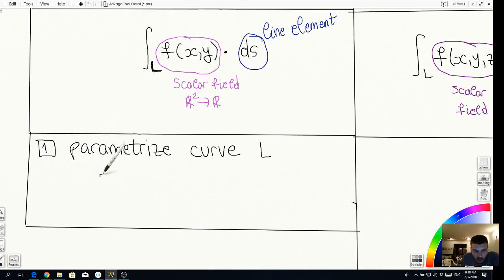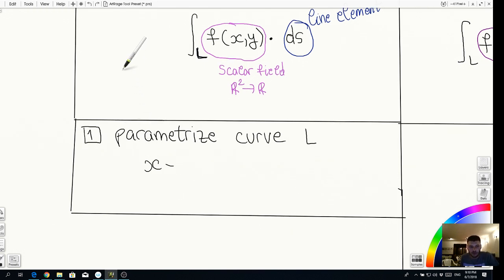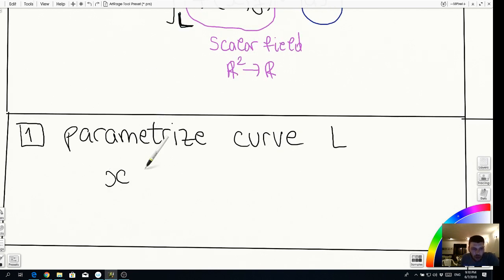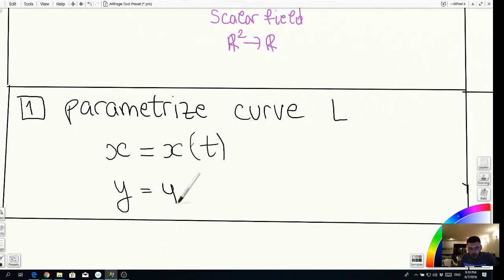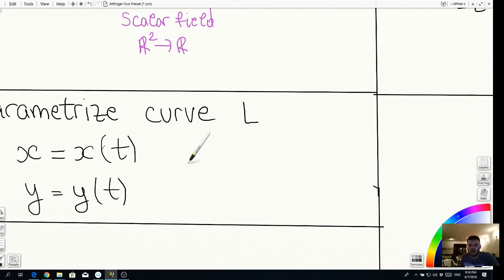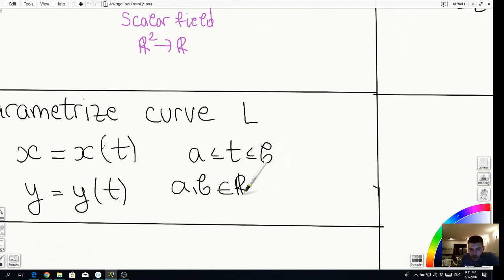They will depend on some time variable t, and y will also depend on the same t, and t will go from A to B, where A and B are real constants and A is less than B in 99% cases.